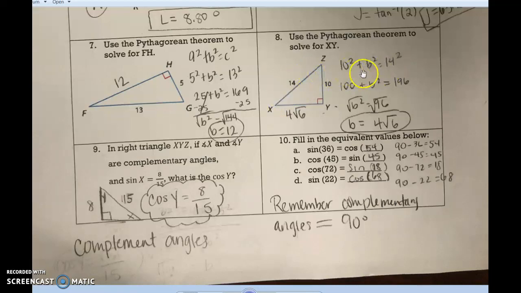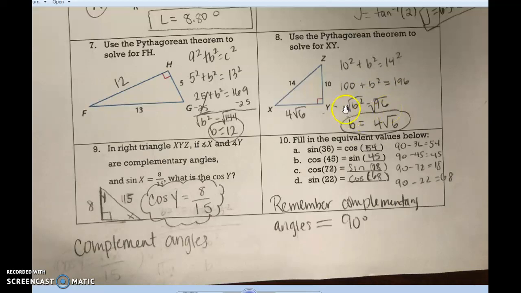So 10 squared plus B squared equals 14 squared. So I square each number: 100, and 14 squared is 196. I'm going to subtract, I'm sorry, I messed that up. Subtract 100 from 196, and I get 96.